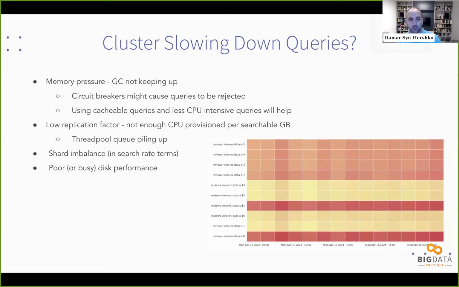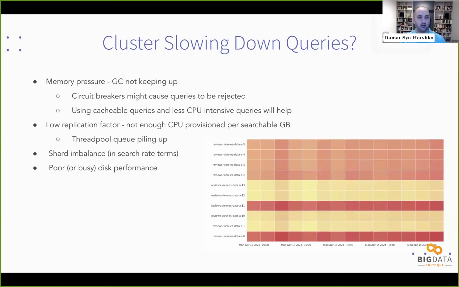Those usually will be balanced okay, but actually in terms of search rate. So maybe there are some very hot shards placed on the same node, and those are experiencing bad search performance, but it has nothing to do with the actual query.